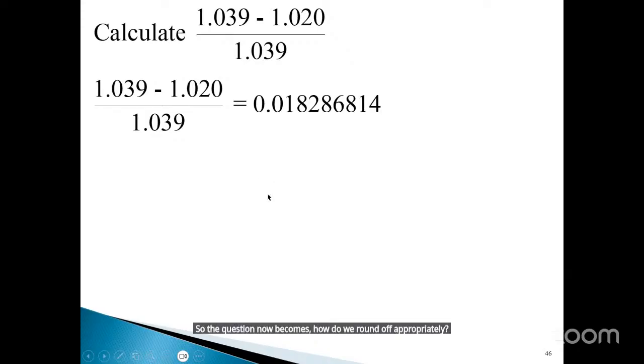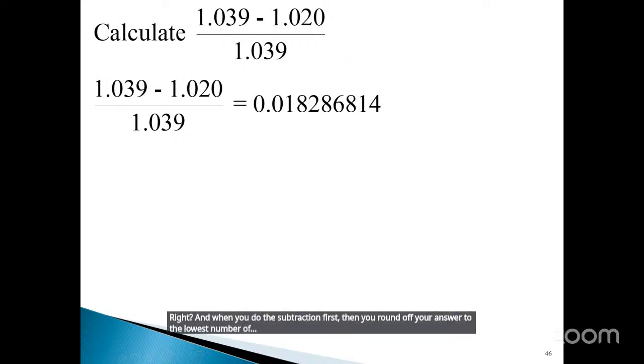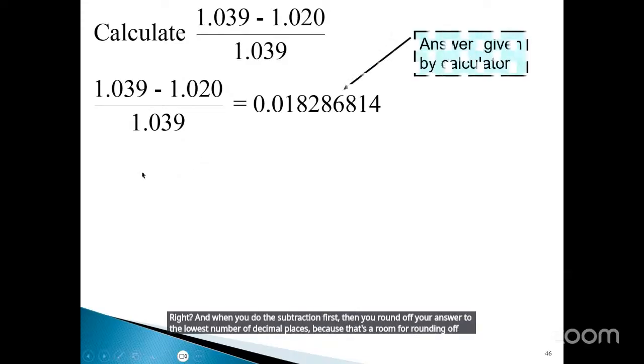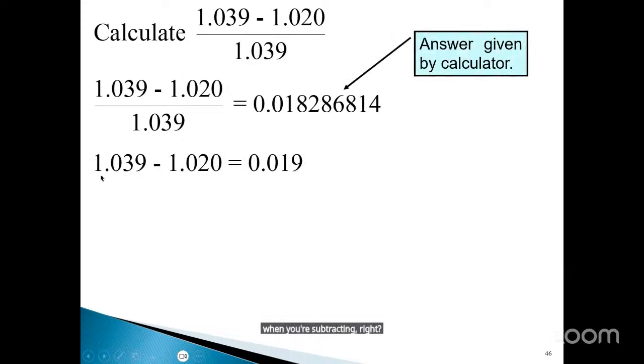Okay, so what we'd have to do in this case is that we have to do the subtraction first, right? And when you do the subtraction first, then you round off your answer to the lowest number of decimal places, because that's a rule for rounding off when you're subtracting, right? So 1.039 minus 1.020, and when you do your result, you're going to get 0.019.